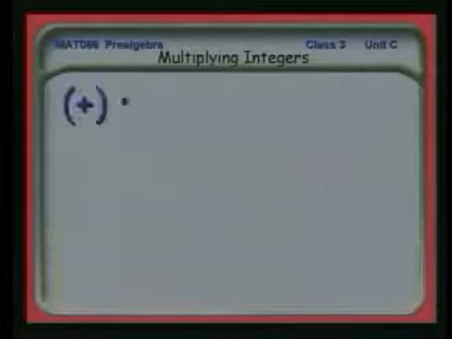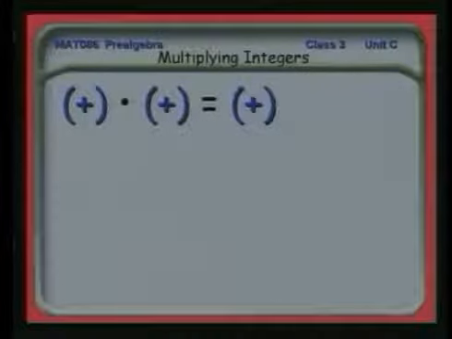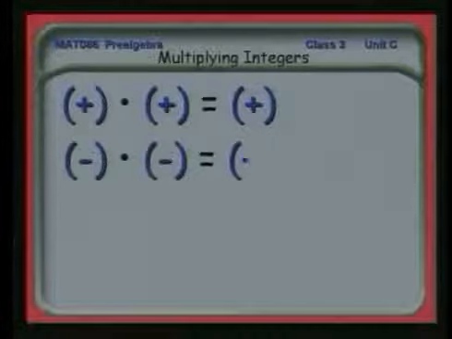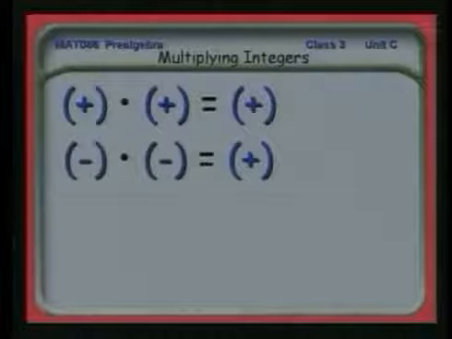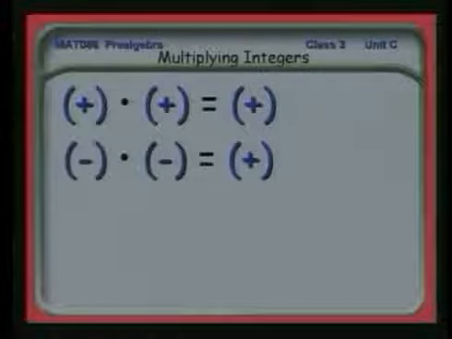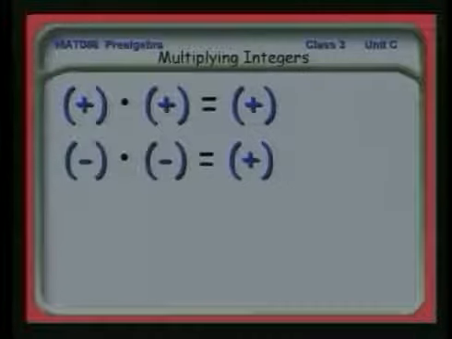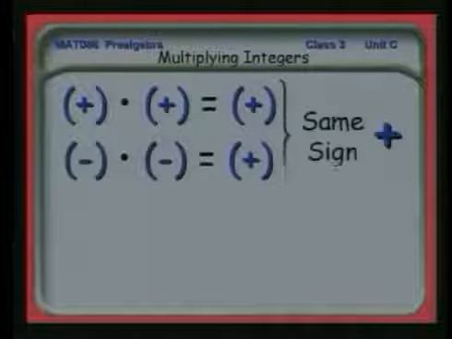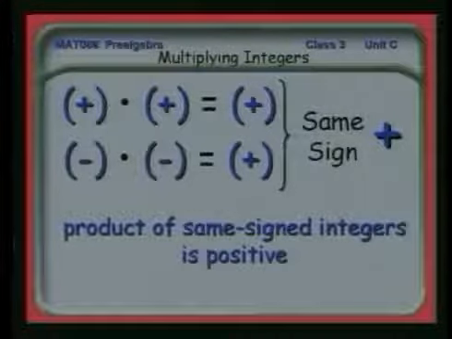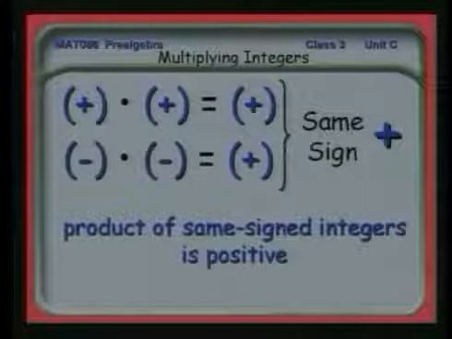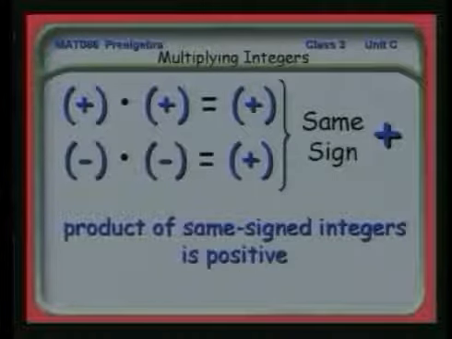Let's review that. So positive times positive is positive, exactly what we've been doing up to this point. Negative times negative is positive. So notice that if the signs of the numbers you're multiplying are the same, be it negative or positive, the result is positive.